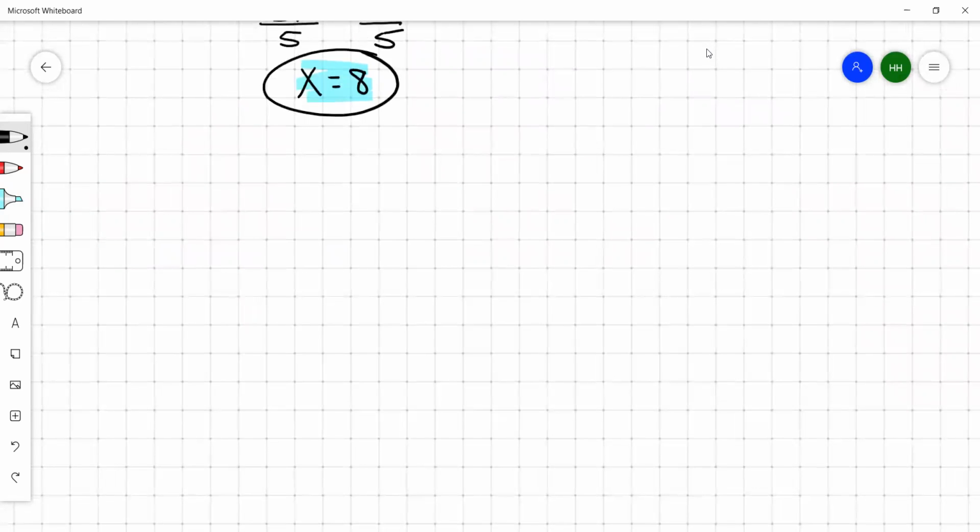Number 8. All right, now you've got a segment that is R is at the left endpoint, Z is in the middle, and T is the right endpoint. You're told that Z is the midpoint.